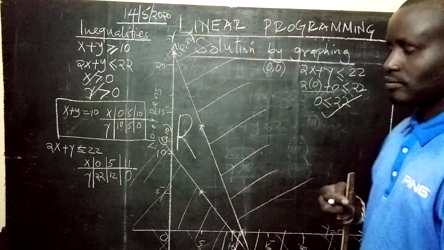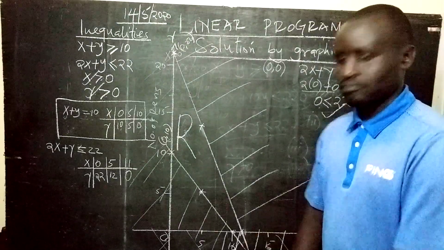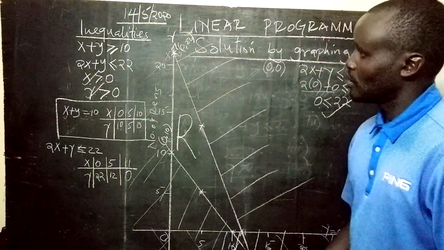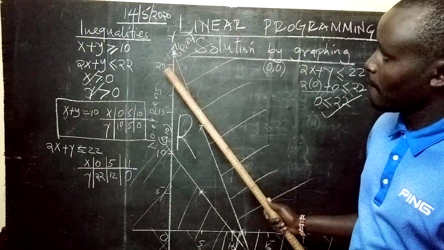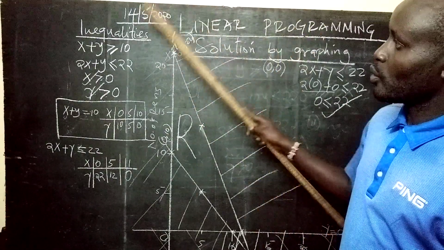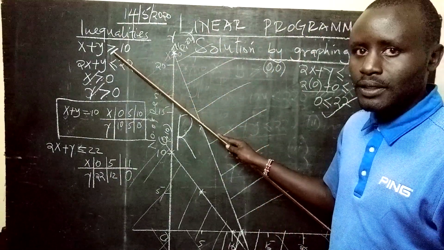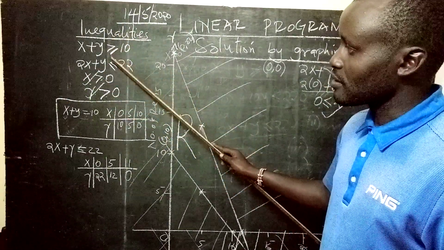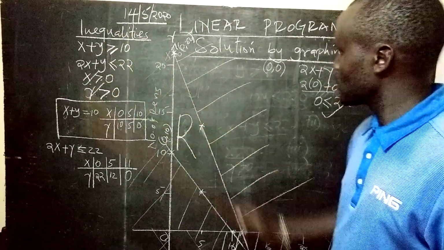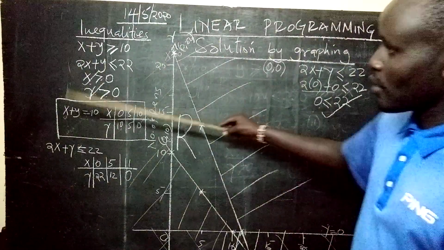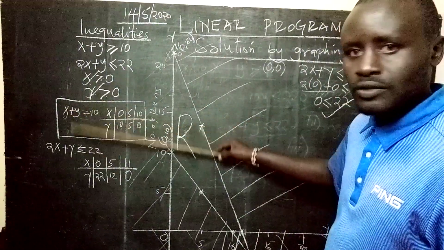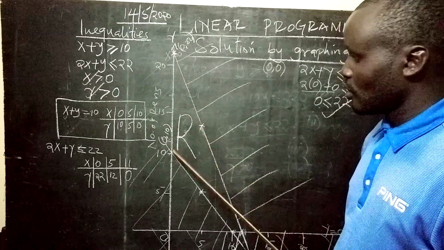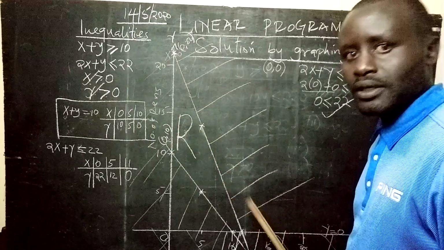Very simple stuff. So remember that we form the inequalities. We form all these inequalities. We simplify them. Then we identify these lines. Then we prepare the table of values for these lines. We drew the lines.